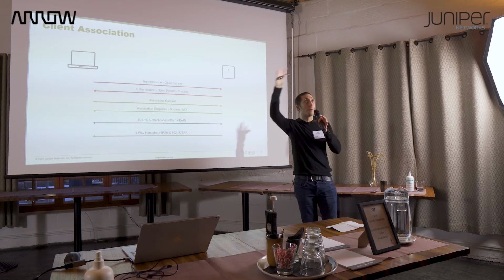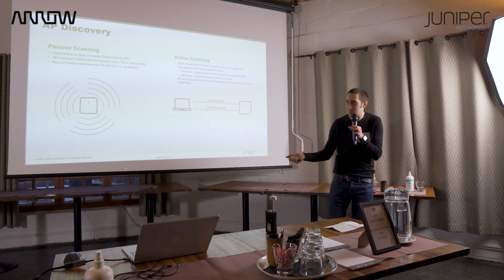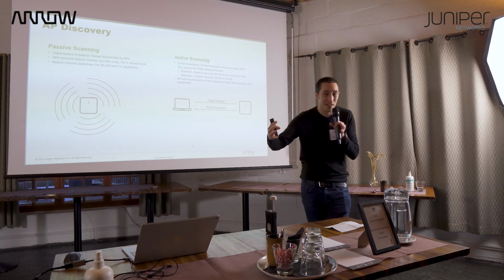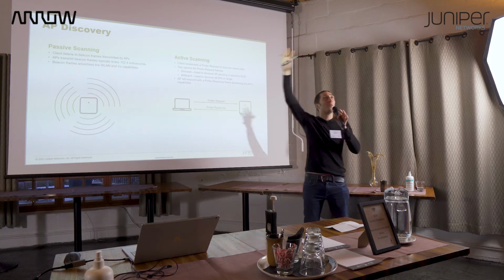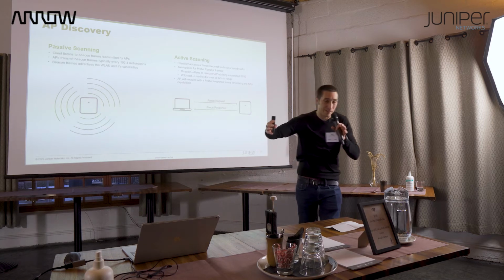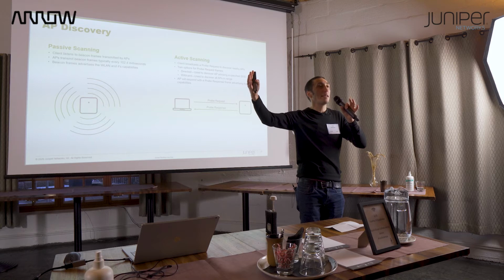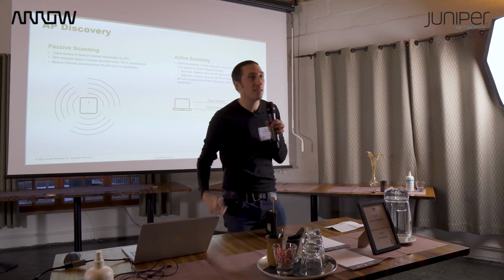Once the client's discovered a network, so first of all it has to discover a network, and we chatted about this a little bit this morning, passive scanning and active scanning, that's what's changing with Wi-Fi 6E. If you think about a client, it's going to sit here and go, which AP? I need to find APs. Is there any APs out there? And I'm going to discover potentially more than one access point.